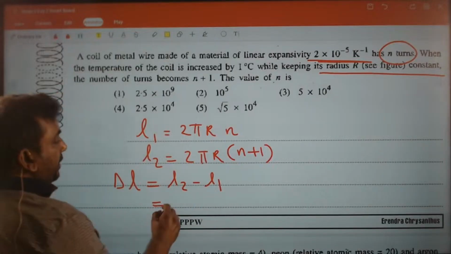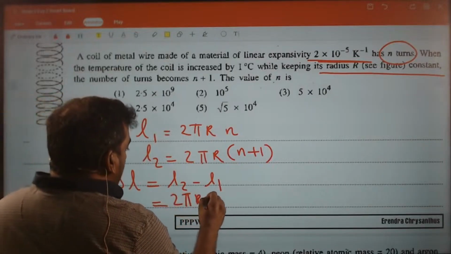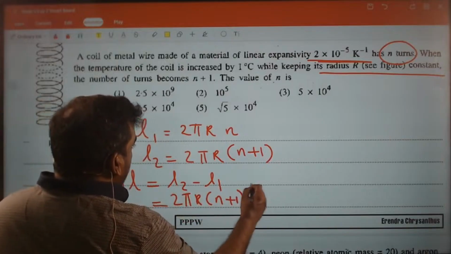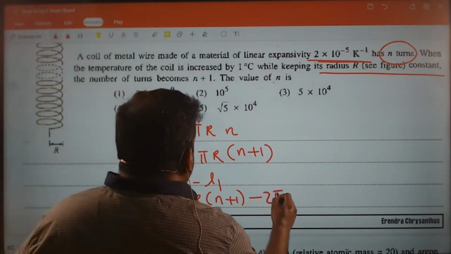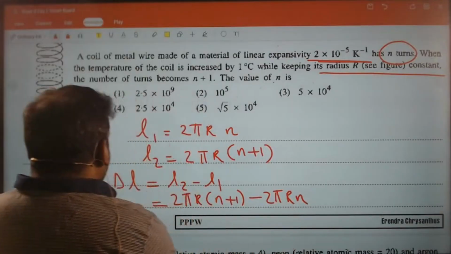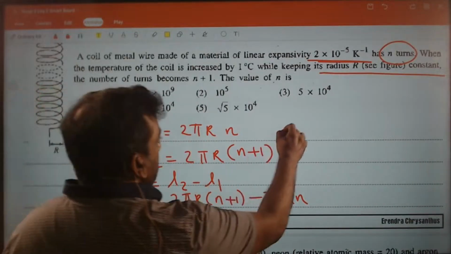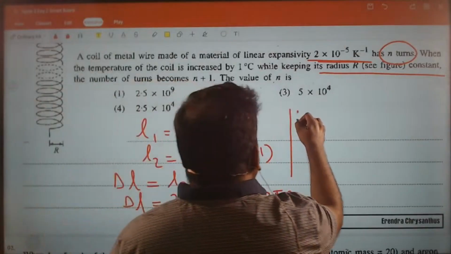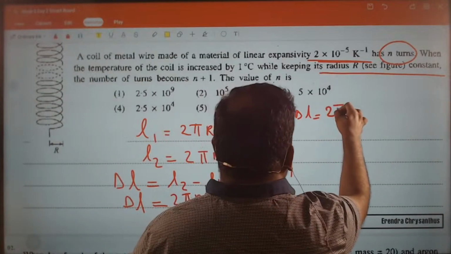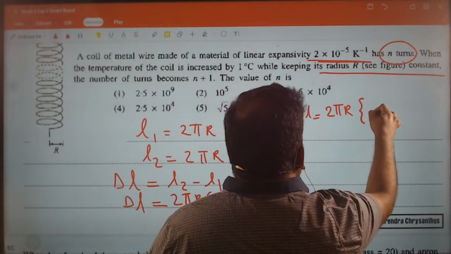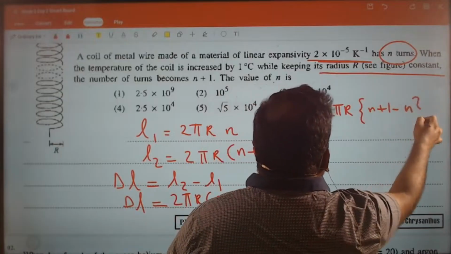That's 2πr(n+1) minus 2πrn. That is your ΔL. Simplify this. ΔL is equal to 2πr[(n+1) minus n].